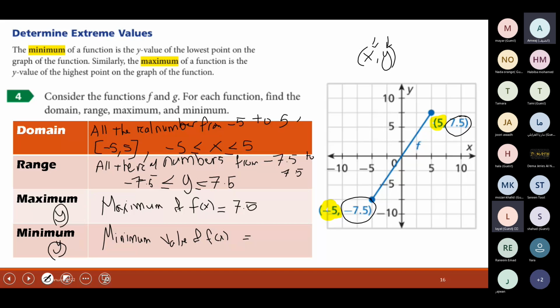The positive is the greatest one. Which one is the lowest one? The negative. So which one is the minimum value? The minimum is the lowest value, so it is negative 7.5. Thank you.